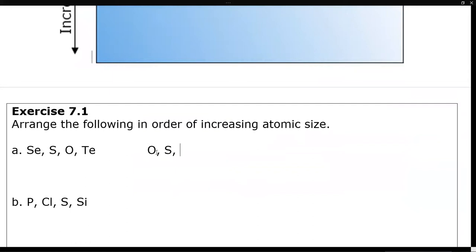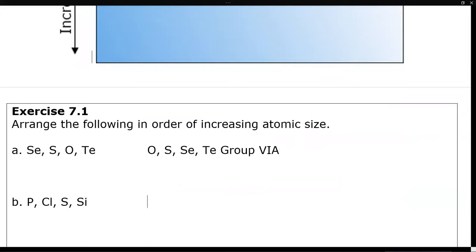And then if you keep going on the column, you got selenium and tellurium. And so you can keep going down the column that way. And that's in group 6, or excuse me, 6A. So you can actually see that work out.